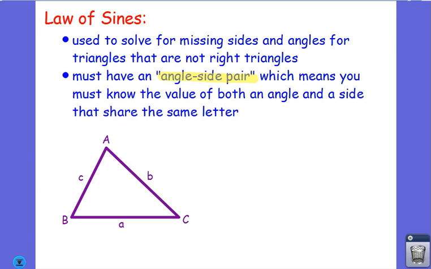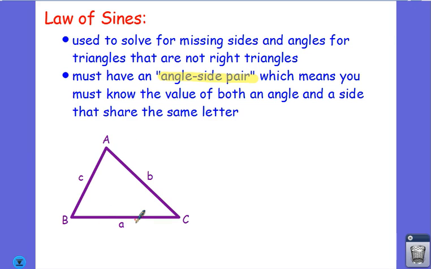What that means is that you must know the value of both an angle and a side that share the same letter.